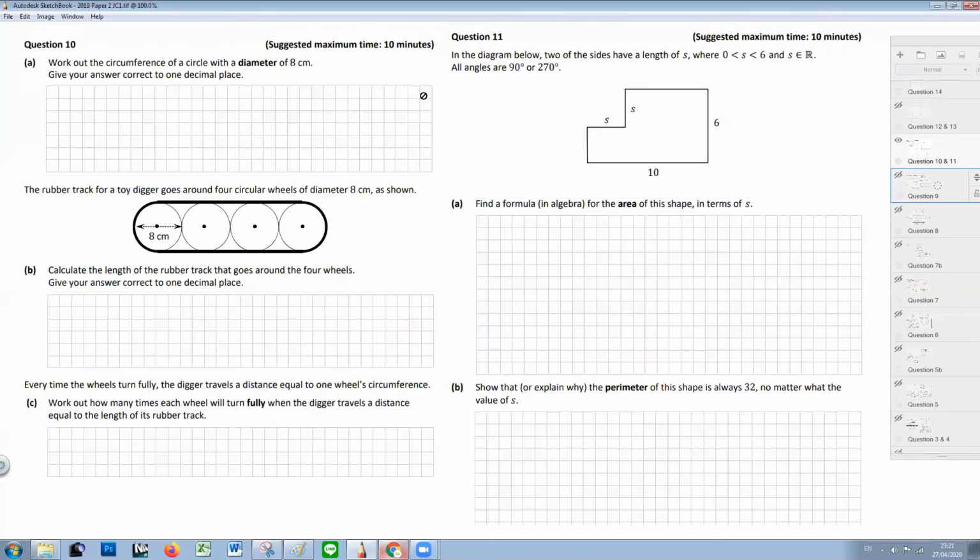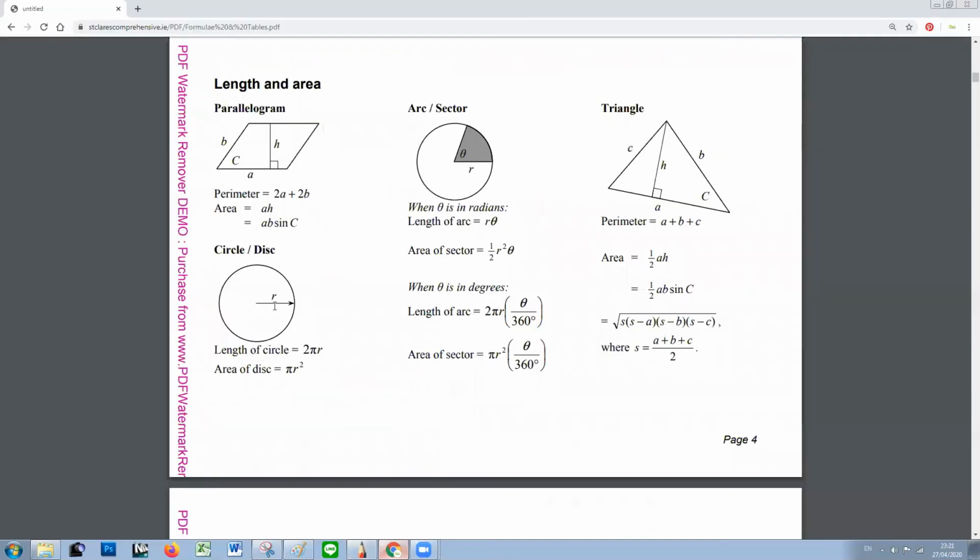Question 10. Work out the circumference of a circle with a diameter of 8 centimeters. Give your answer correct to 1 decimal place. So the first thing we need to do is work out the circumference when the diameter is equal to 8. So we're going to go to our maths tables, and we're going to go to the circle equation. Now the length of a circle, or the perimeter, essentially, of a circle is 2 pi r.